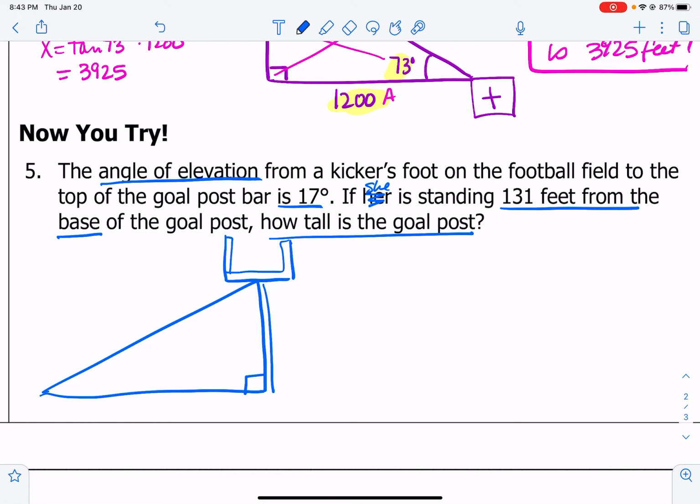And this would be the football. So this angle of elevation from her foot to the top of the goalpost is 17 degrees. She is standing 131 feet from the goalpost, and I want to know how tall the goalpost is.